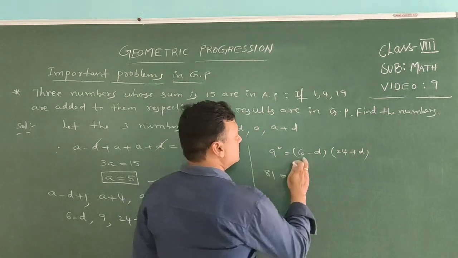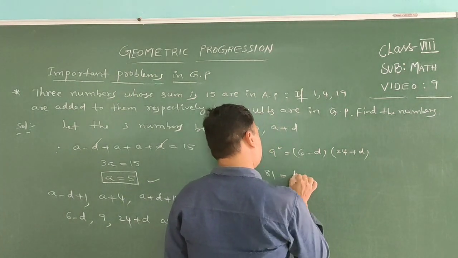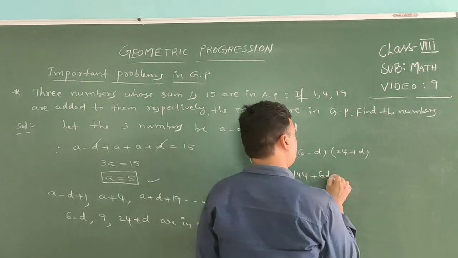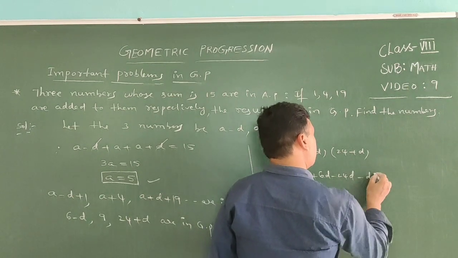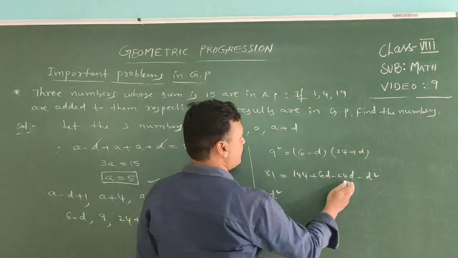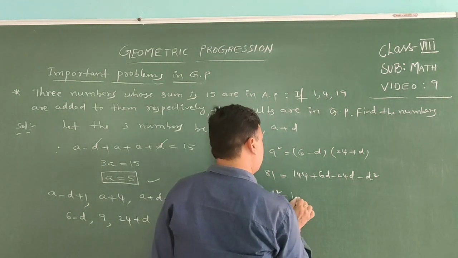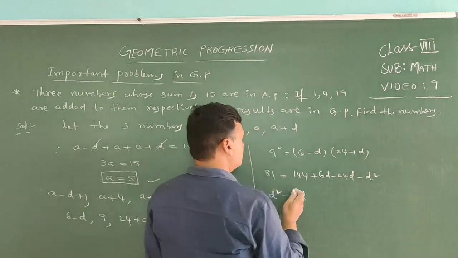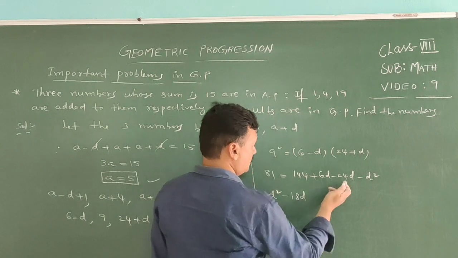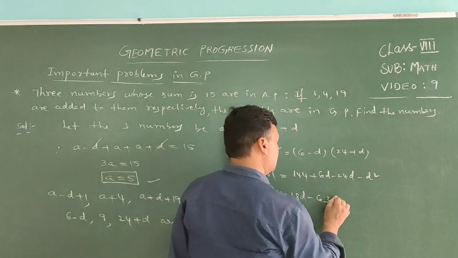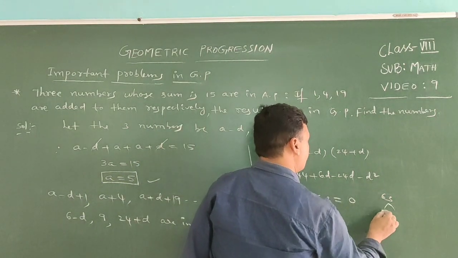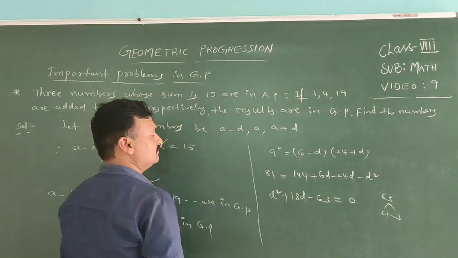81 equal to 6 into 24, 144, plus 6D minus 24D minus D square. Transfer here: D square minus 18D. Here 144 minus 81, here minus already given, so minus 63 equal to 0. So 63 in terms of 18: 21 threes.